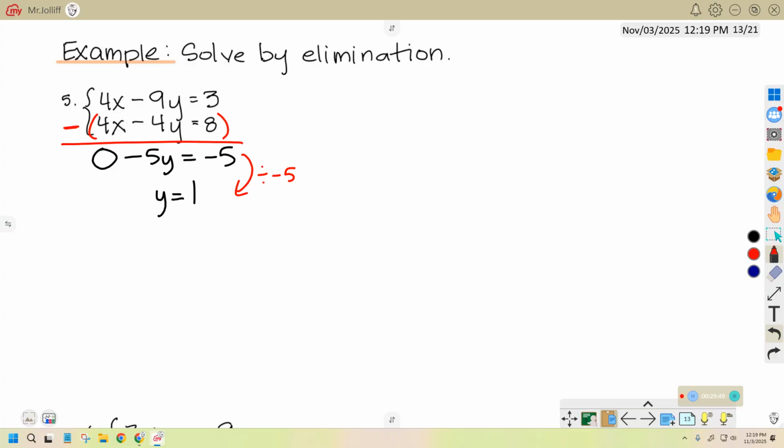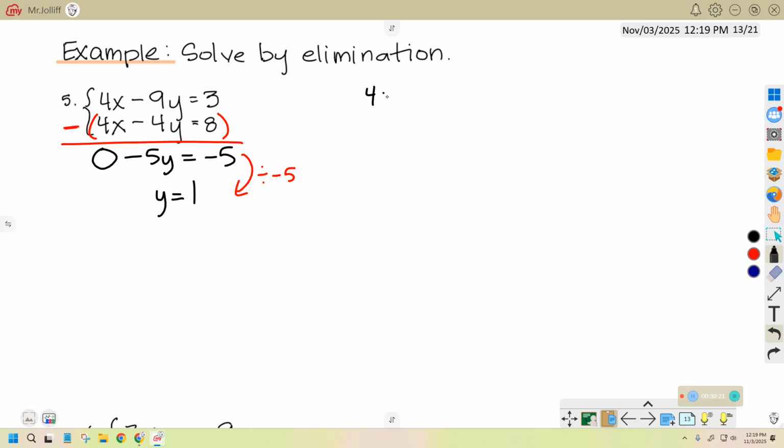I am not, unfortunately, done. I am halfway done. The next step is to pick one of my original equations, substitute in y as 1, and solve for x. So I only have half of my ordered pair. I need the other half. It doesn't matter which of the equations you use. We can pick either. Does anyone have a preference? No. So I'm going to use the first one because I'm lazy and it's the first one I see.